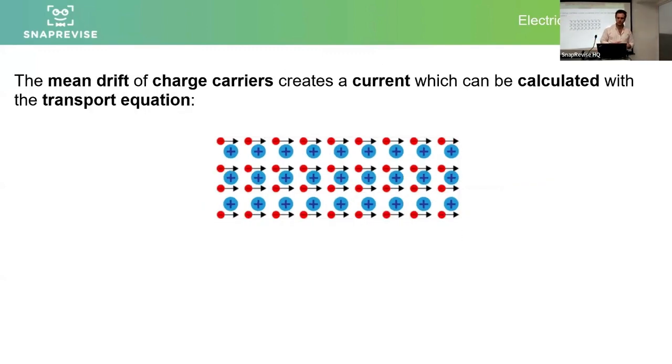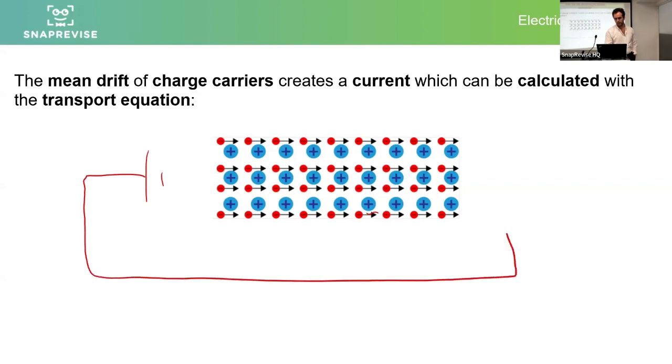The mean drift of charge carriers creates a current which can be calculated with the transport equation. So I've now applied my battery. This is a zoomed in section of wire.